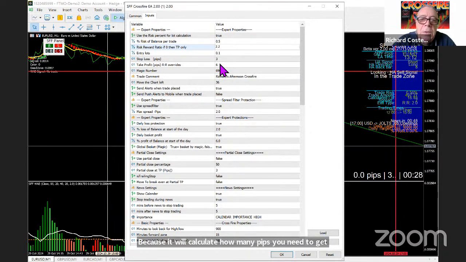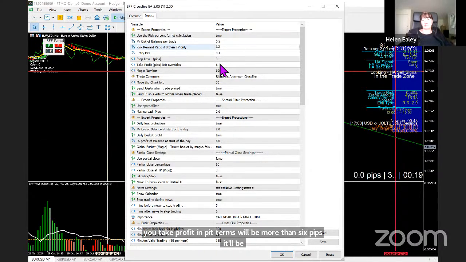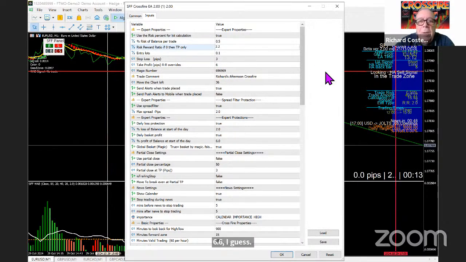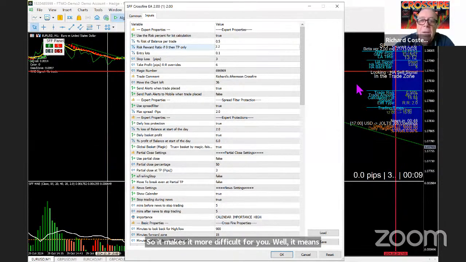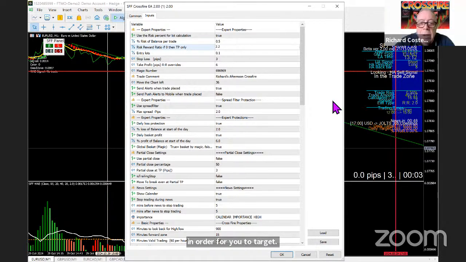So your take profit in pip terms will be more than 6 pips. It'll be 6.6, I guess. So it makes it more difficult for you. Well, it means that the price has got to go a little bit further in order for you to hit your target. But that's the only way you can do it at the minute.